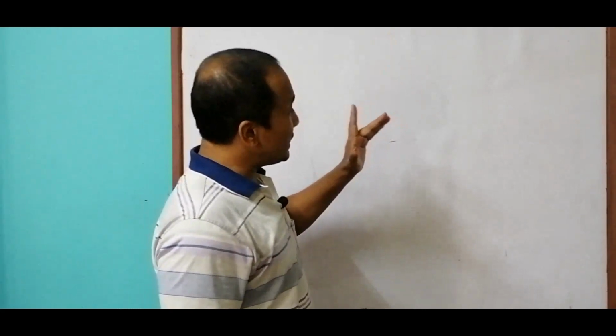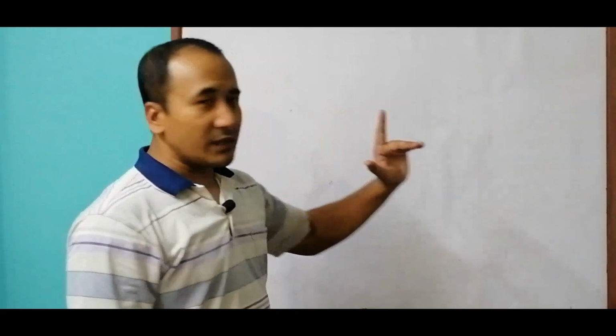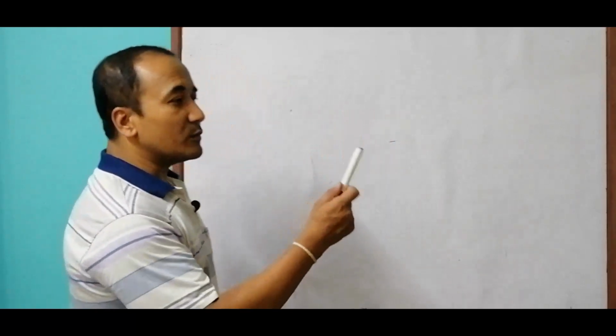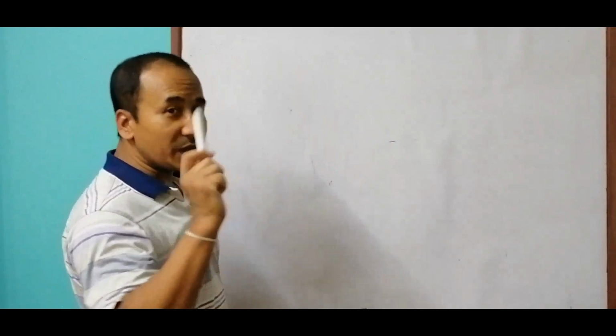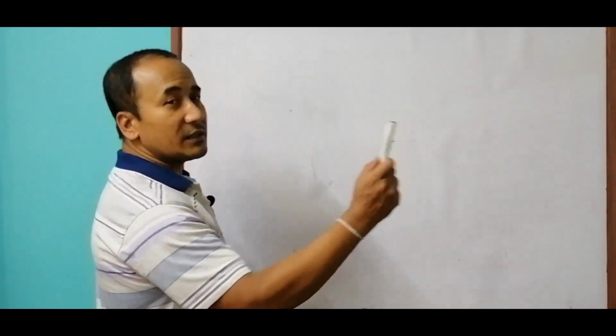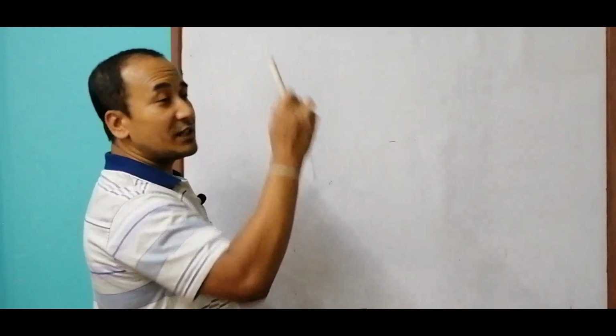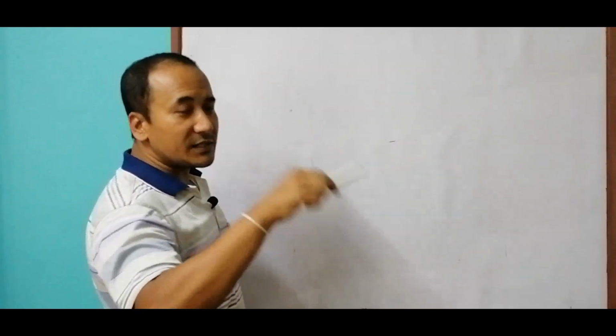So if something moves upward as well as in a circle, then this path will be spring-like, which is called a helical path. So helix or helical path, that's because of the movement of this circle along the axis. Translation of this circle along the axis gives us the helical path.